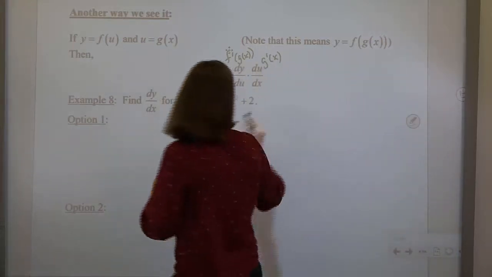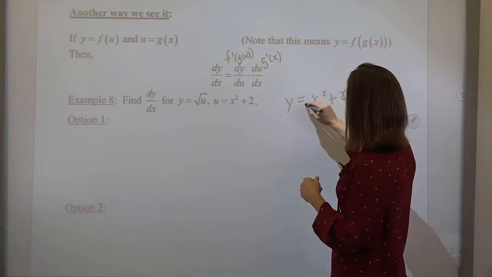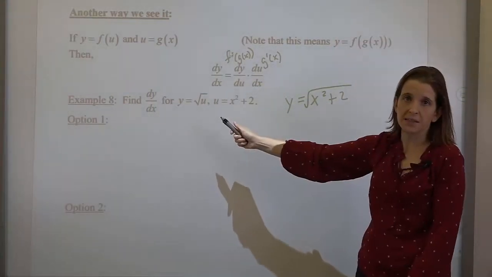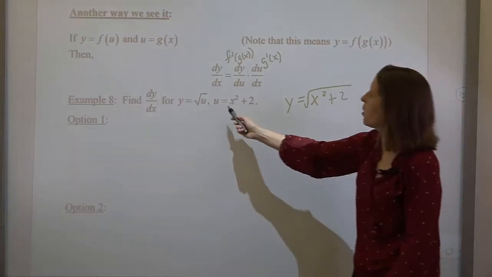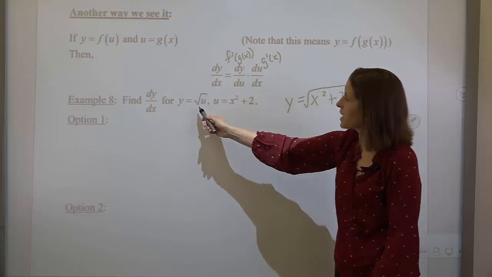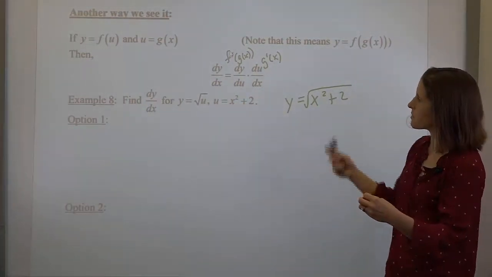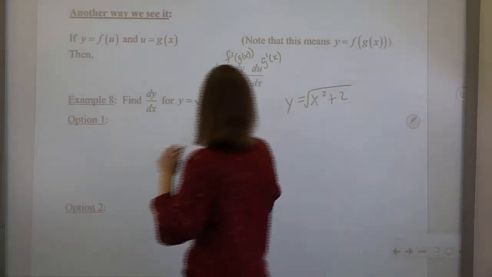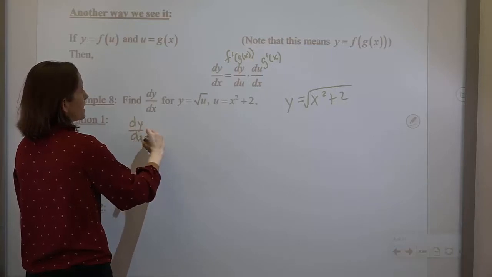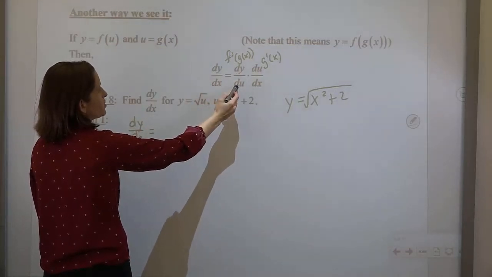So if you were given a function x squared plus 2 all under a square root, you could decompose it this way and say, I'm going to call the inside u, and the outside is taking the square root of that. So you're just breaking it down. If you did it this way, then the derivative of y with respect to x would be the derivative of y with respect to u.